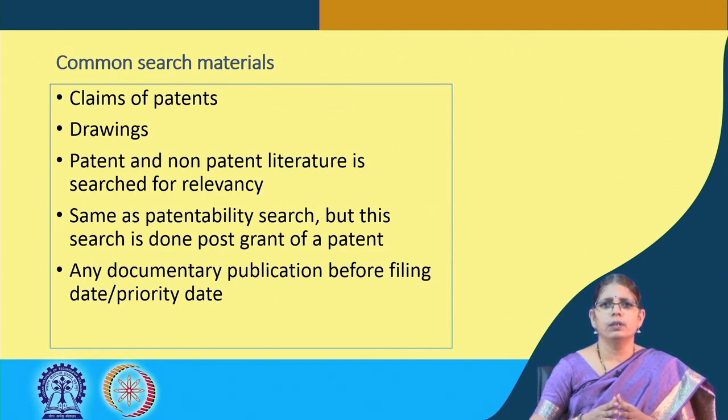So, this area is another area which requires a lot of building of skill in relation to patent search, and most companies actually outsource this to specific law firms or agencies which are actually good in different types of invalidity search.